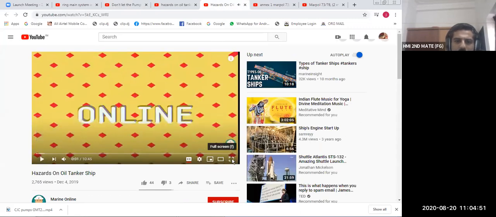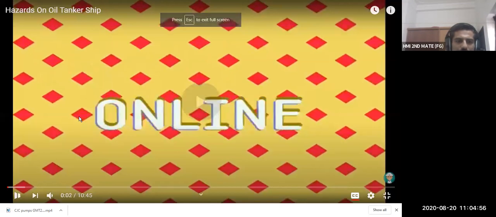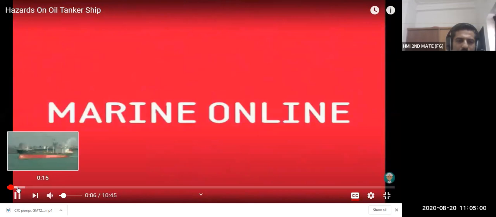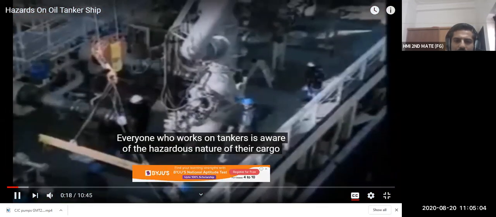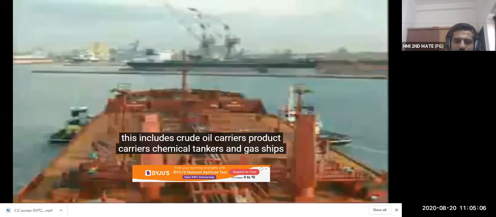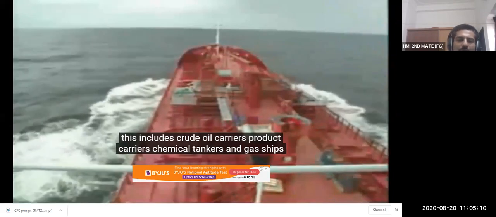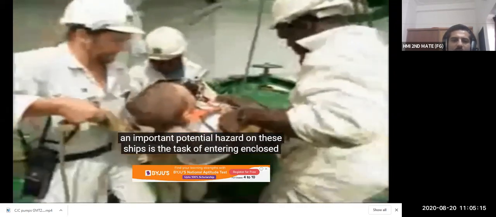First, we will see the hazards of oil tankers. So let's see what are the hazards on oil tankers. Mainly the hazards comprise three things: either the oil, or any chemical, or gas.